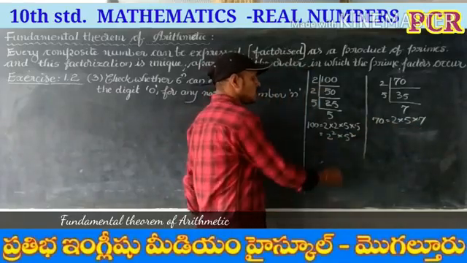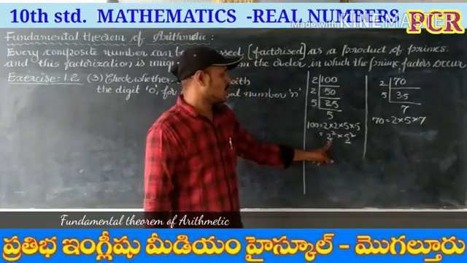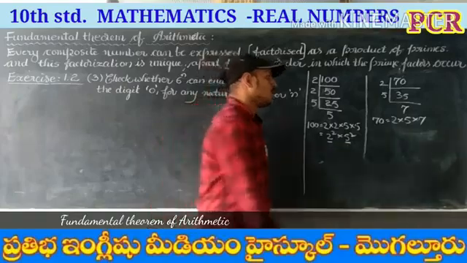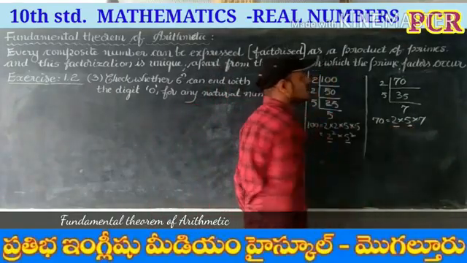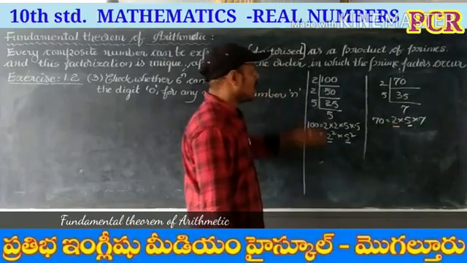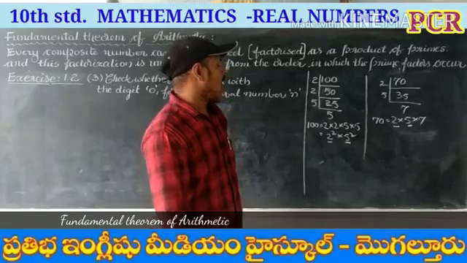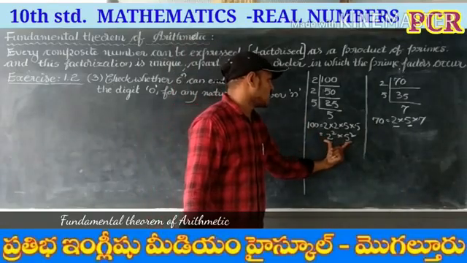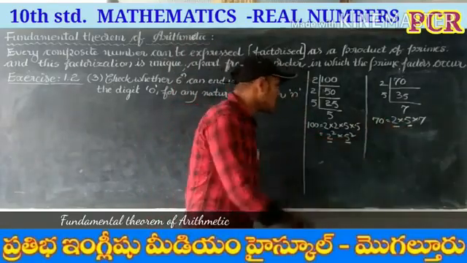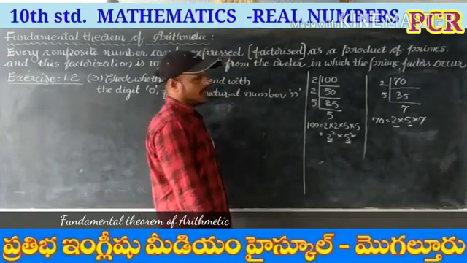Just observe. In this prime factorization there are two prime factors, 2 and 5. In this also two factors, 5 and 2. So the numbers that end with 0 have 2 and 5 in their prime factorization.